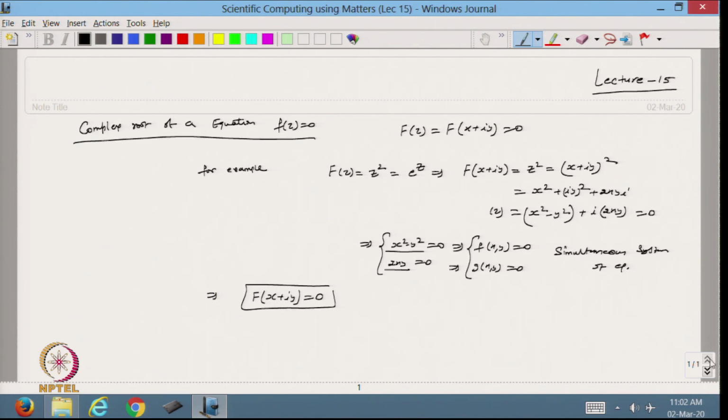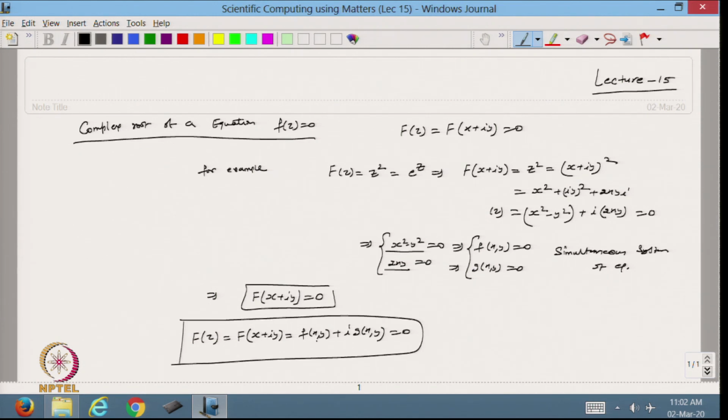And we know from the theory of complex analysis that any function, maybe an analytic function, I can always write in the form of f(x,y) plus i g(x,y). Then we can put this equal to 0 and solve this equation.